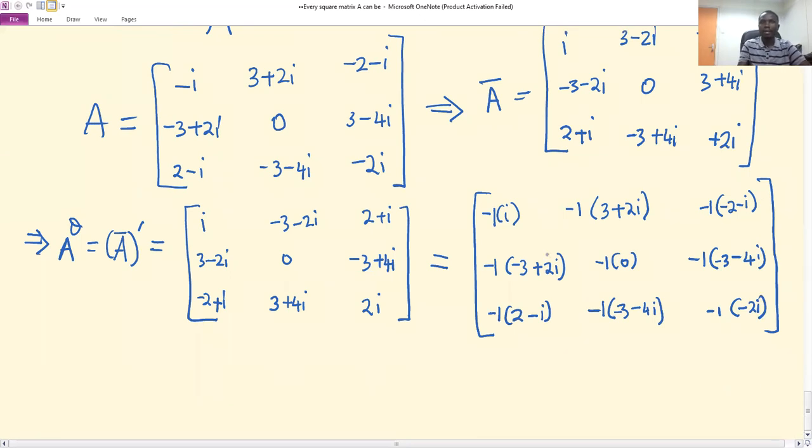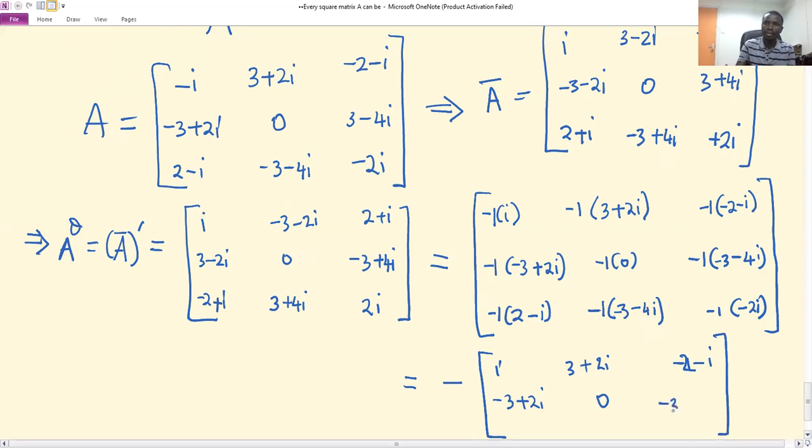Now, because every element has a negative, we can factor out that negative 1. So I have negative of the matrix: i, 3 plus 2i, minus 2 minus i, and then minus 3 plus 2i, 0, minus 3 minus 4i, 2 minus i, minus 3 minus 4i.